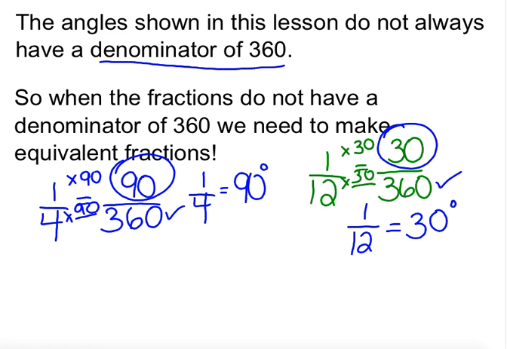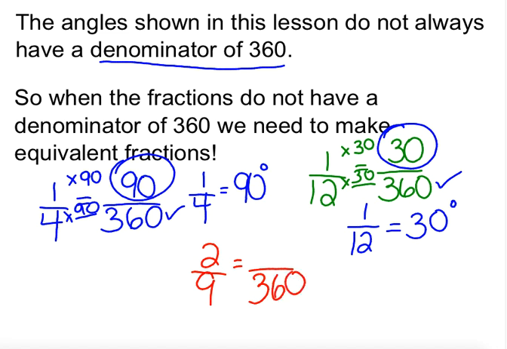All right. And we'll do one more. Let's say the numerator is not 1. All right, so let's do 2/9. Okay, that's a fraction. Okay, the denominator is not 360. So we have to make it an equivalent fraction equal to 360. Okay.